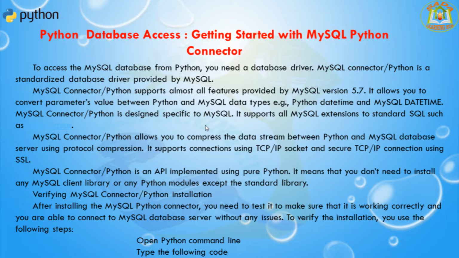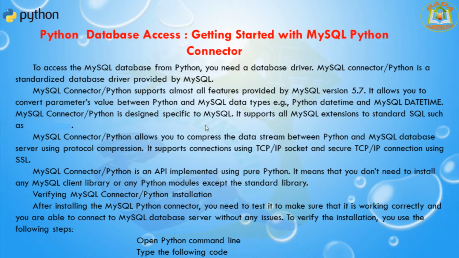Now, how to install the MySQL Python connector? Installing the MySQL Python connector is straightforward. For example, to install in the Windows environment, you need to do some steps. We need to unpack the downloaded file into a temporary directory, start the console window, and switch to the folder where you unpacked the connector.